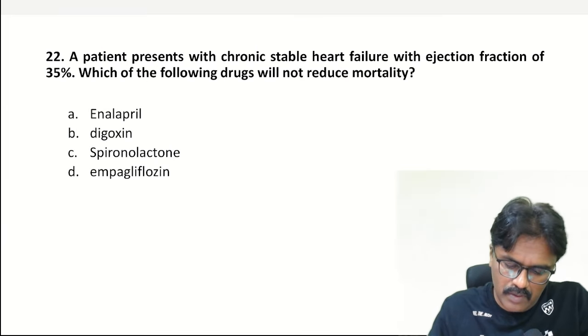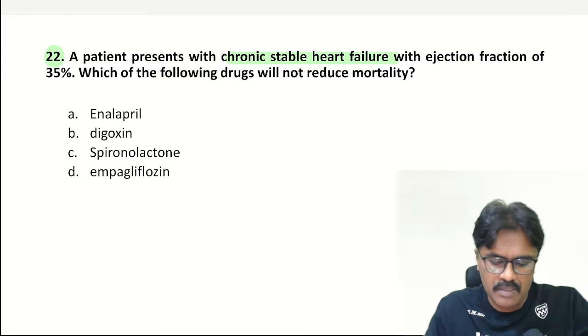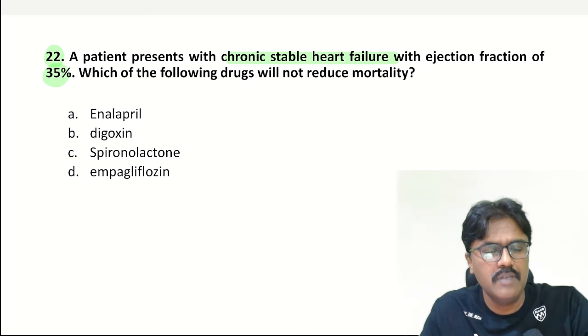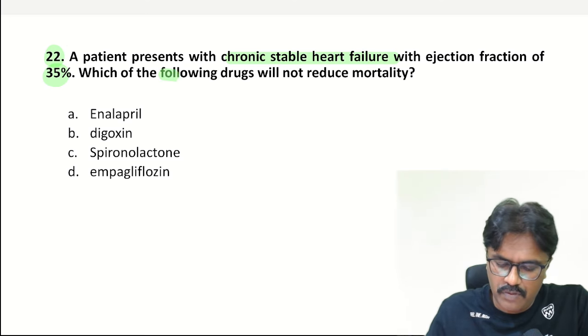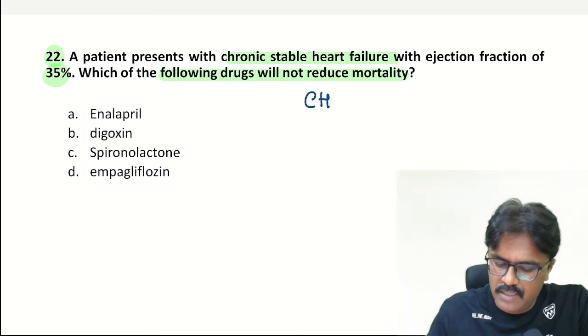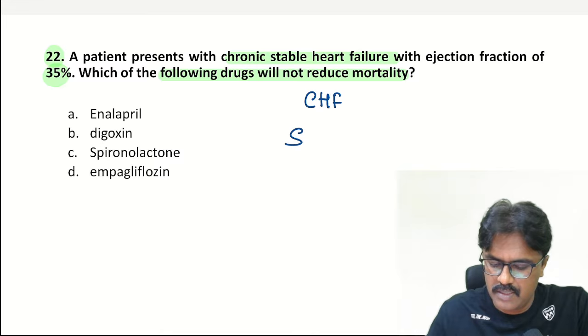Let's move to the second question, the 22nd question. A patient presents with chronic stable heart failure with an ejection fraction of 35%. So there is reduced ejection fraction, heart failure with reduced ejection fraction. Which of the following drugs will not reduce mortality? In CHF, there are certain drugs which reduce mortality. The mnemonic is SUB.